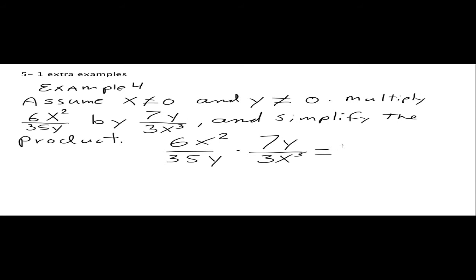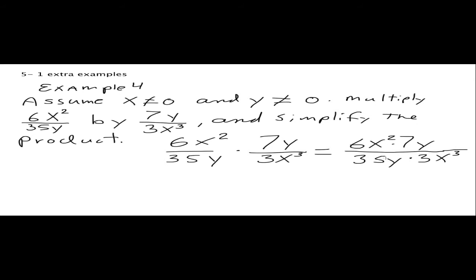Since I can use the multiplying fractions property, I can put this all over one fraction bar. 6x squared times 7y, and that's over 35y times 3x cubed.